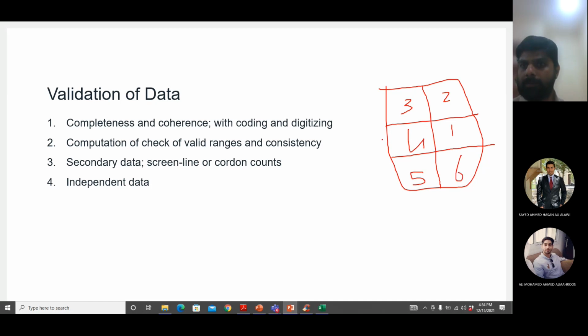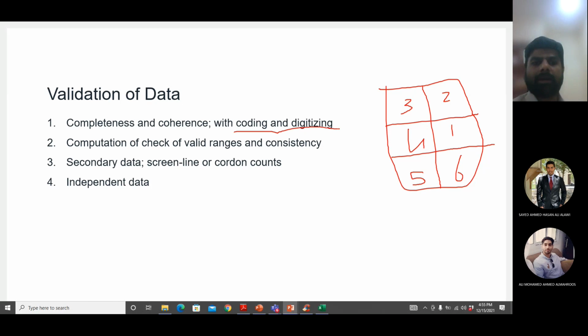Then when you are collecting the data, you make sure that you have some values from each zone. You have already coded and digitized the area, and on the basis of your coding, you make sure that you are collecting data from each part of the area. Okay, so this is completeness and coherence.